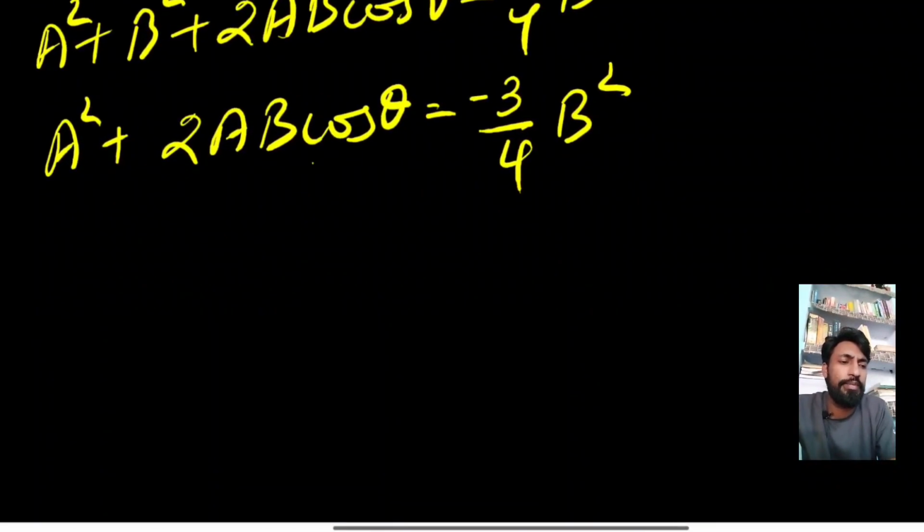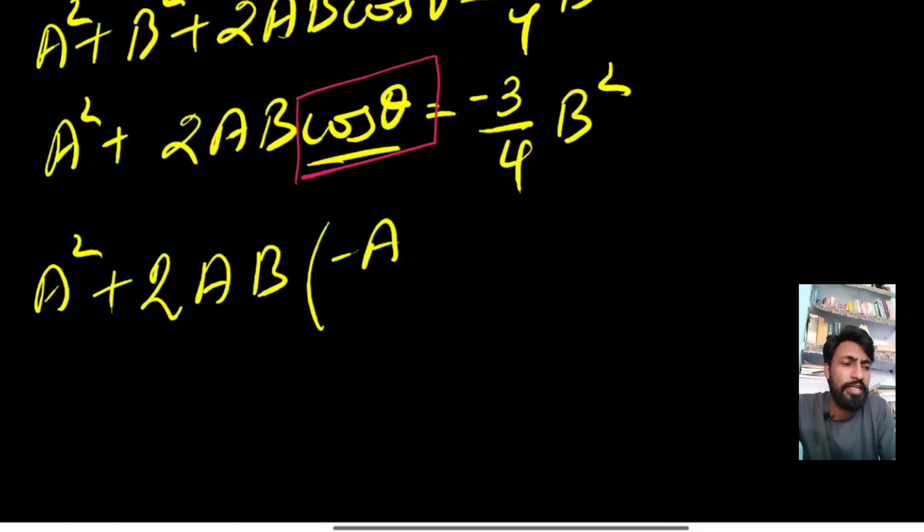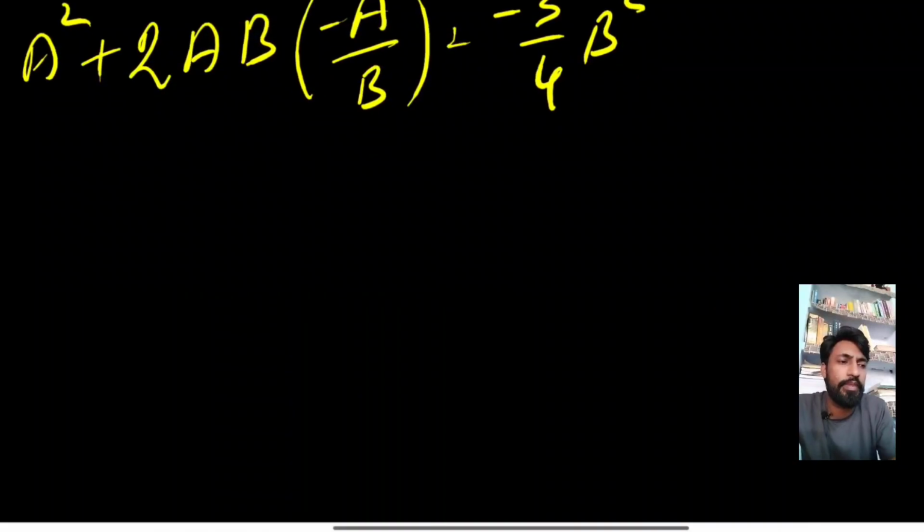Putting the value of cos theta in this equation from what we have seen, it is A squared plus 2 times AB, and cos theta is negative A over B, equals negative 3 by 4 B squared. Then B gets cancelled out and it becomes negative 2A squared.